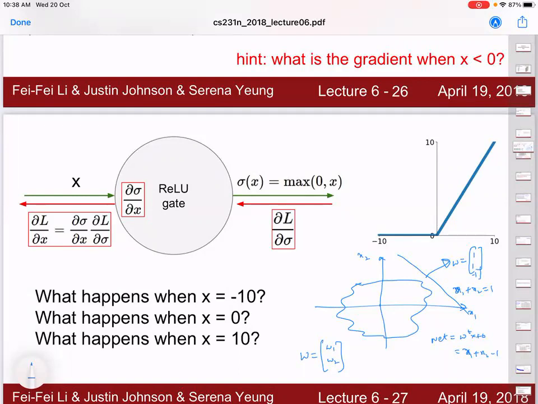ReLU applied on the net value will be non-zero, equal to the net value only if net is greater than 0, and it is 0 otherwise. Is it not?